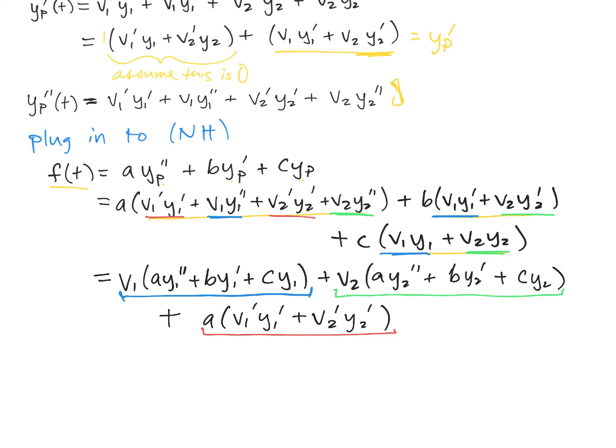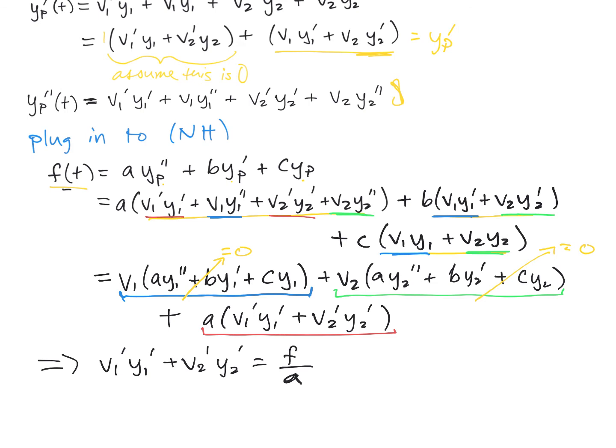because y1 and y2 are solutions to the homogeneous equation, this equals 0 and this equals 0. So what we end up with is that v1 prime y1 prime plus v2 prime y2 prime will need to equal f from my other side here divided by a.